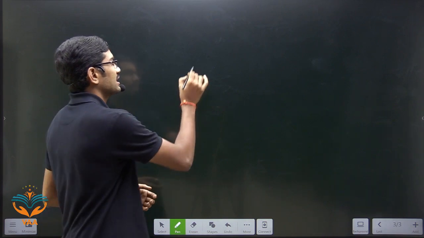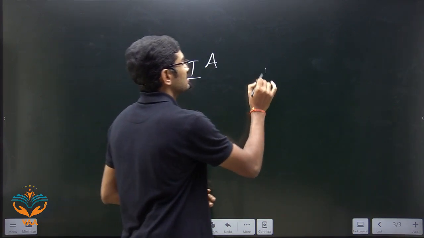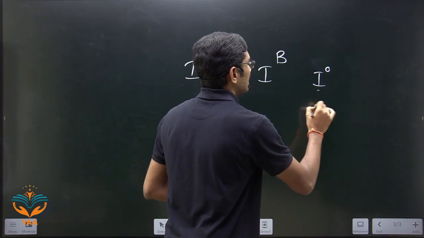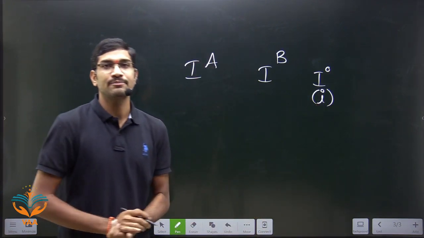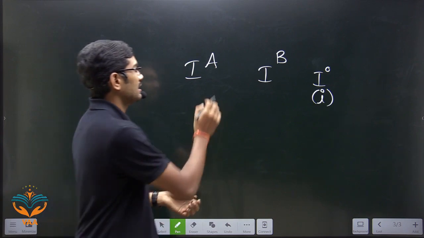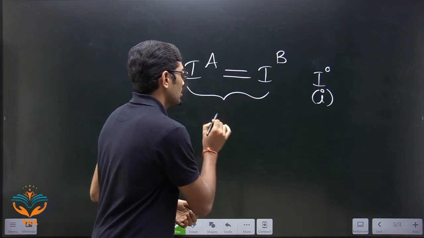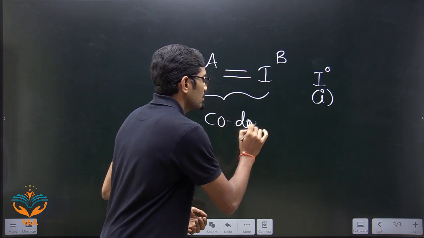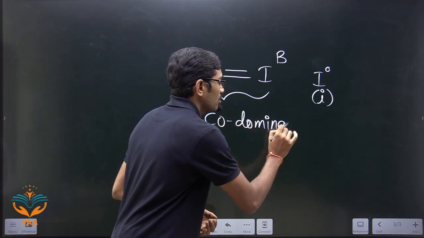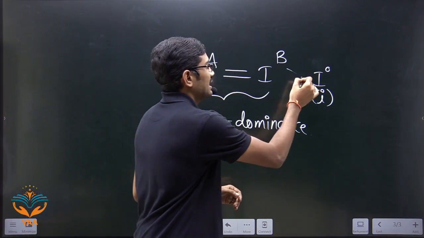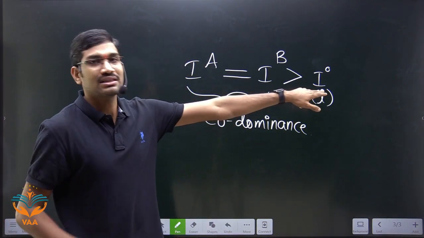Here we are studying 3 different alleles, IA, IB, and IO, which can also be written as small i. If we observe, IA and IB alleles are showing codominance, and each of these is completely dominant over the recessive allele.